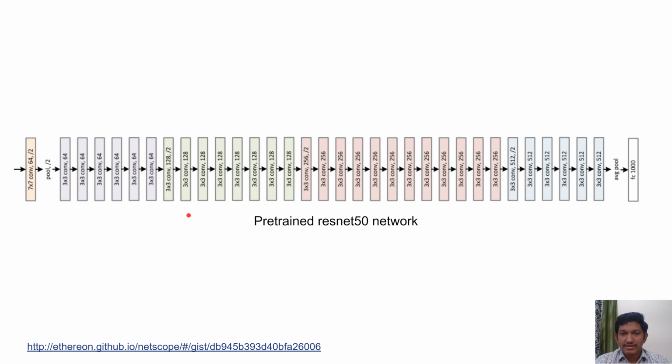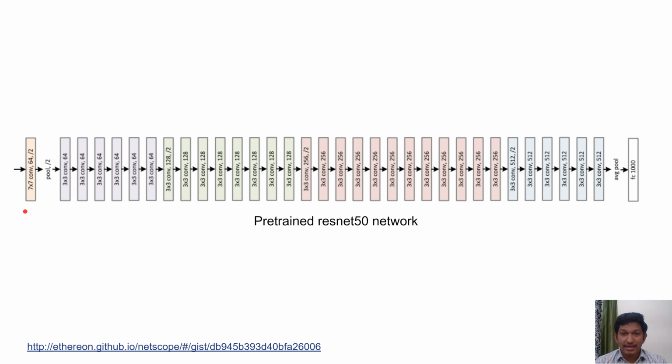We use the transfer learning technique to create this CNN. We use the pre-trained network, which is the ResNet 50 network. The reason why we use a pre-trained network is that it worked very well on the ImageNet dataset, and these are the winners of ImageNet competitions.